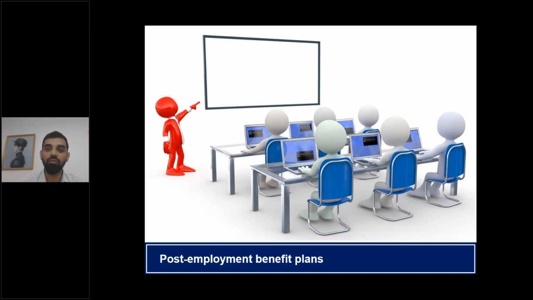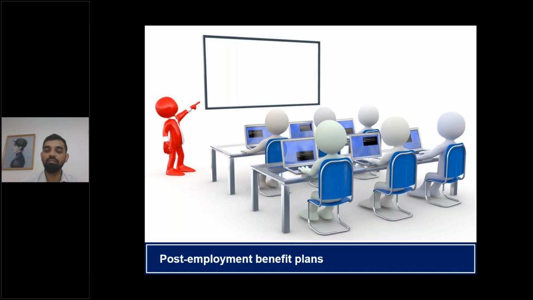What does that actuarial valuation report mean? How do I read the content which is written in it? What are the different meanings of terms like current service cost, interest cost, contributions, benefit paid? There are so many terms which are used in the actuarial valuation report.